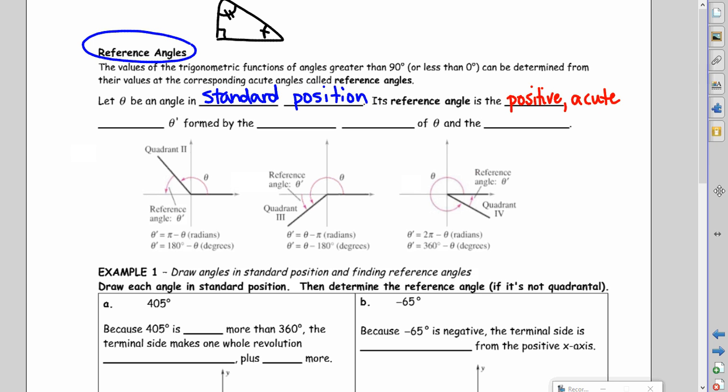Acute implies that it has to be positive, but I'm writing positive just so we realize it's got to be both positive and acute. Angle theta prime formed by the terminal side of theta and the x-axis.